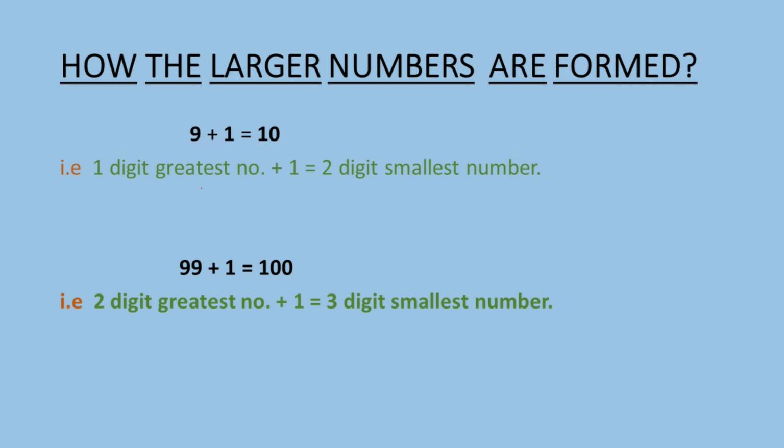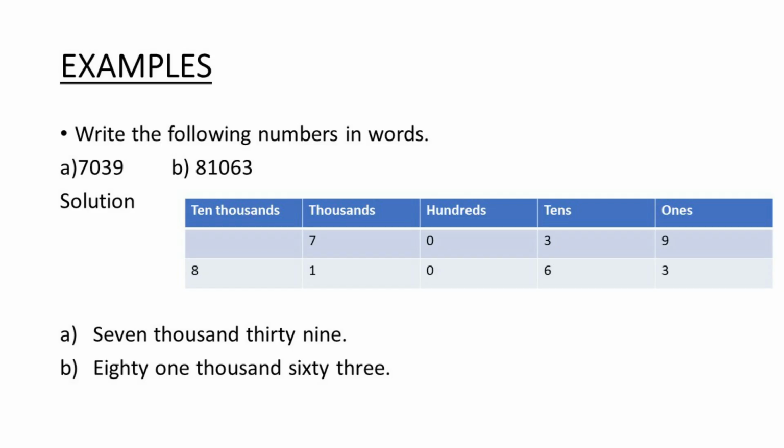So let us take the first question, that is 7039, and we know the rule that we have to start placing each digit of the given number from the right hand side, that is from the ones place. So we will place 9 at ones place, then 3 at tens place, 0 at hundreds place, and 7 will occupy the thousands place.